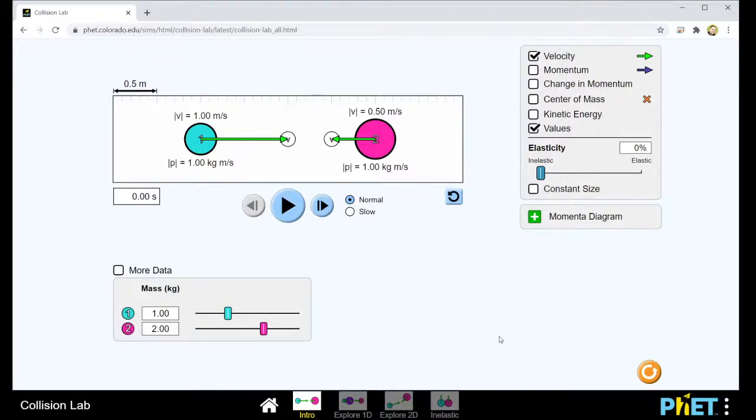What's the total momentum? So what you're looking at here is like a snapshot before the collision. It's a moment in time, but everything's freeze-framed. Mass 1 is 1 kilogram moving to the right at 1 meter per second. Mass 2 is 2 kilograms moving to the left at 1/2 meter per second. So what's the total momentum of the system composed of these 2 spheres?